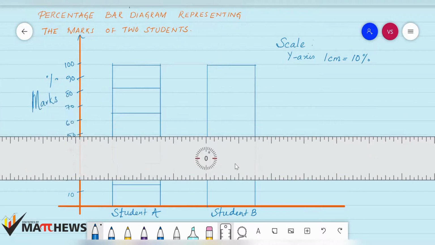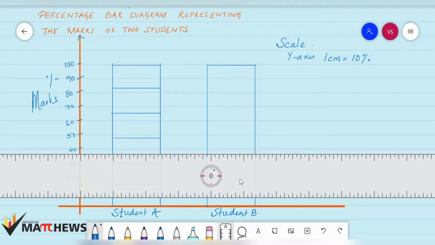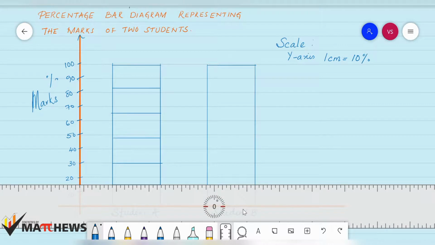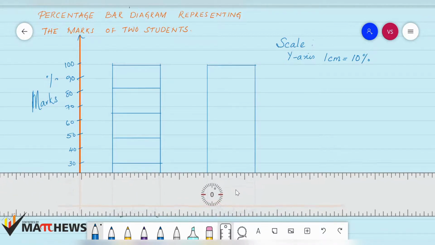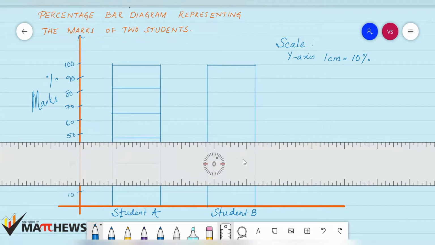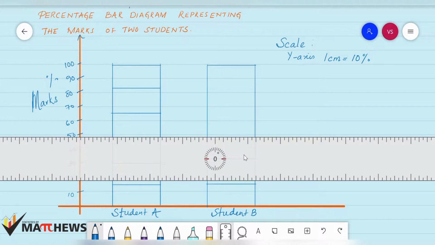And the next one is for student B. His marks would be 15. And for 15, the next subject is 17. If I add 17, I'll be getting a score of 32. Mark it as 32. For 32, if I add 17 more, the total becomes 49. So I will be marking it as 49.